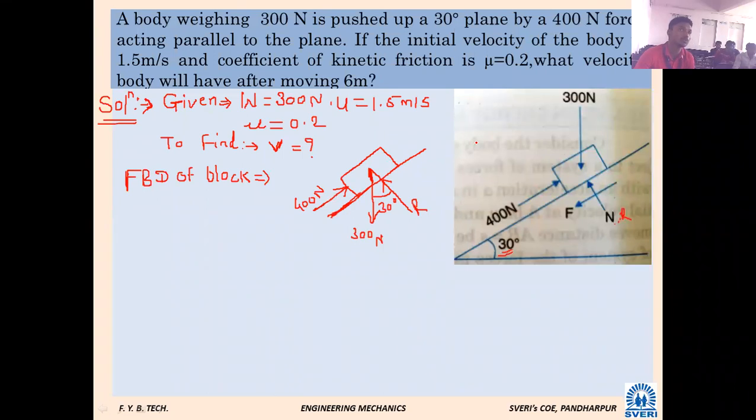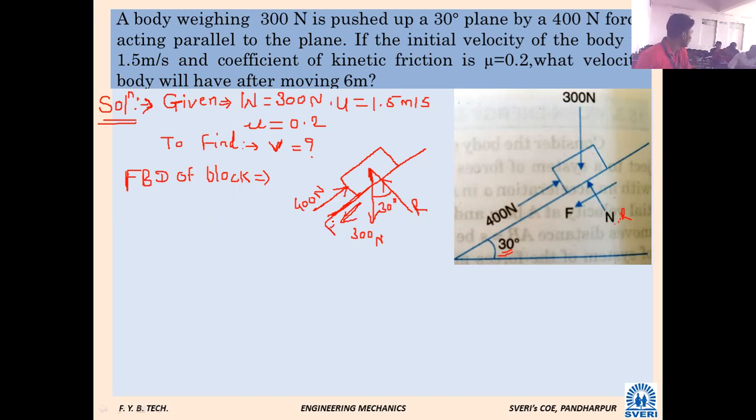Now in which direction is this block going to move, upward or downward? The weight of the block is 300 Newton and it is pushed with 400 Newton. Obviously it is going to go in the upward direction. So the frictional force will be in the downward direction.